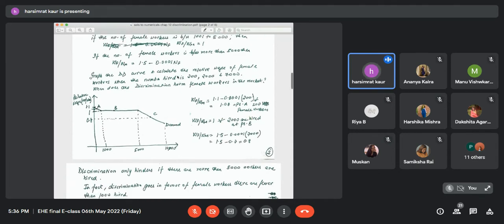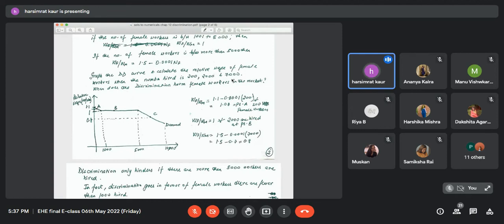Now the question asks to graph the demand curve and calculate the relative wage of female workers at three points: when NF is 200, when NF is 2000, and when NF is 7000.